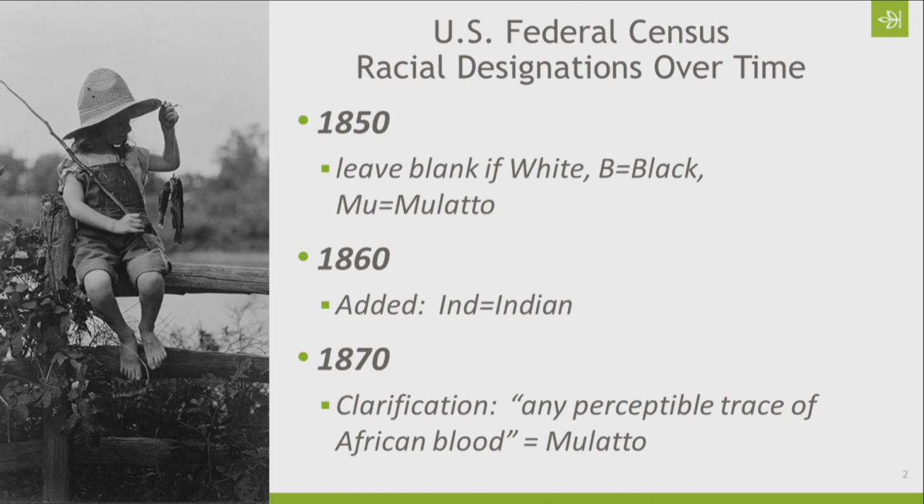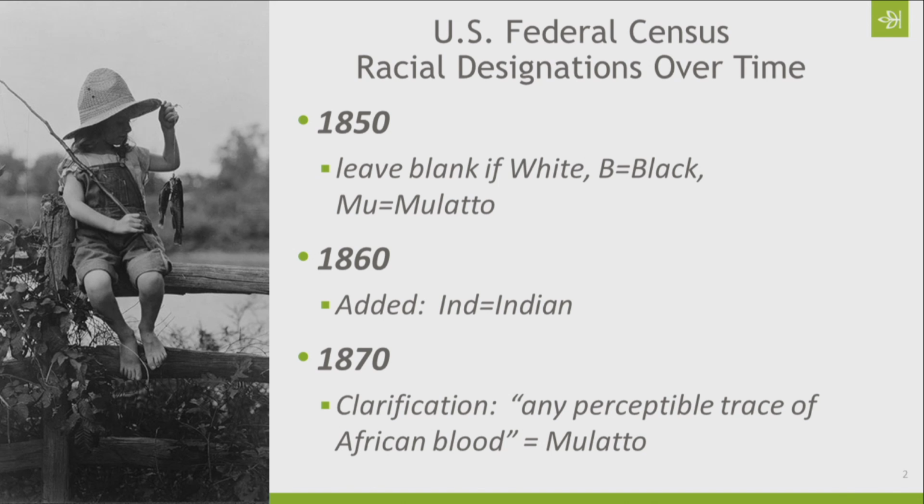In 1870, there was a clarification added, and this is where we start to see some interesting cultural biases come into the U.S. federal census. The clarification added in 1870 was that if the individual had any perceptible trace of African blood, they were to be listed as mulatto. Now, of course, historically, we know that this is immediately following the end of the Civil War and emancipation of the slaves.